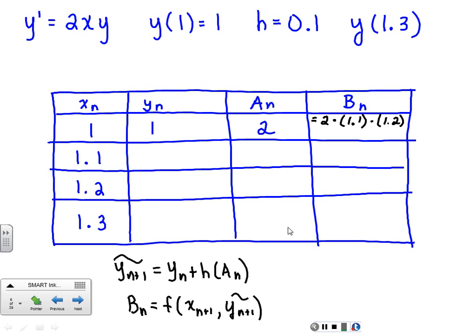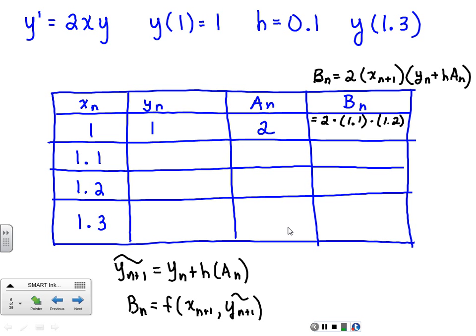Let me write this out to show how you're going to do your b sub n.